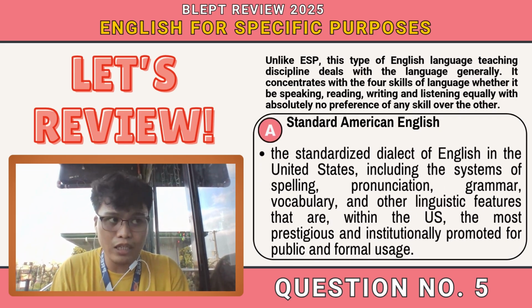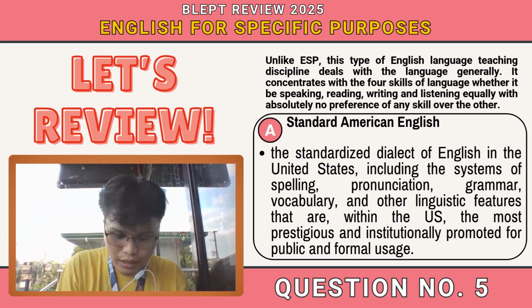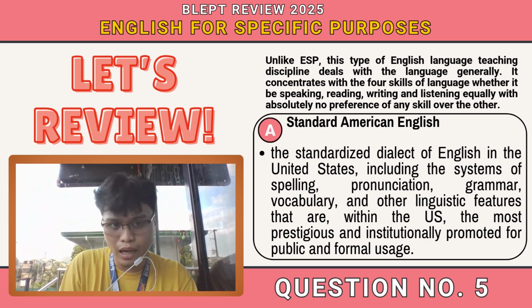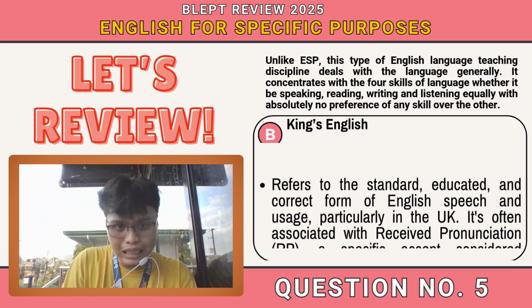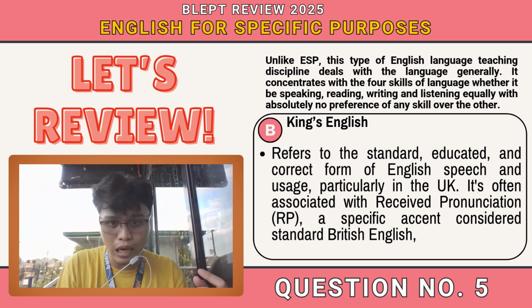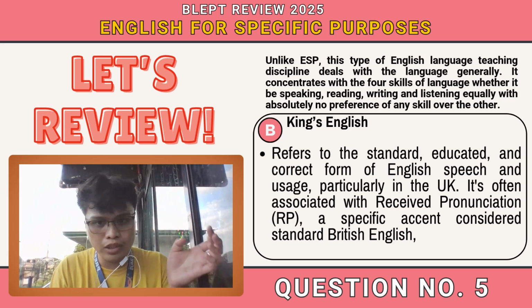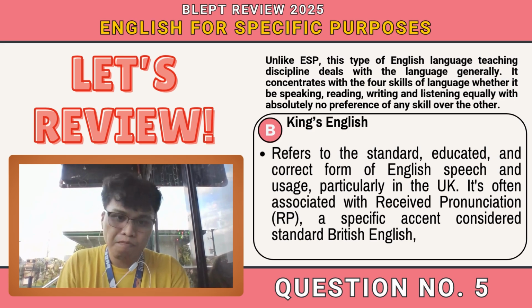It is a type of English that can be found in the US. It uses pronunciation, grammar, vocabulary, and references as used in the United States of America. Same with King's English. It refers to the type of English they use in the United Kingdom. So pronunciation, accent, grammar, references, rules, idioms that are used in the United Kingdom, that is called King's English.